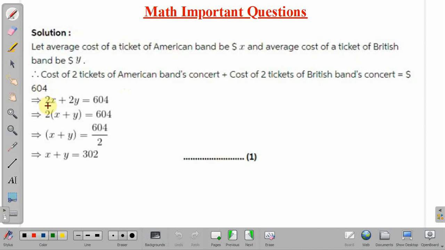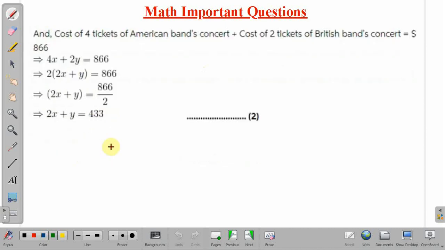American band's ticket price is X dollar per ticket, so 2 times X plus 2 times Y is the cost of each British band ticket. So 2x plus 2y will be equal to $604. So we can divide by 2 on both sides. We will get x plus y equal to 302.